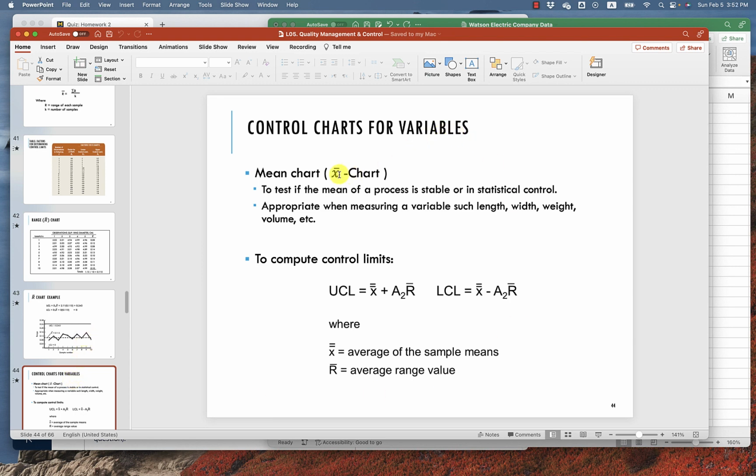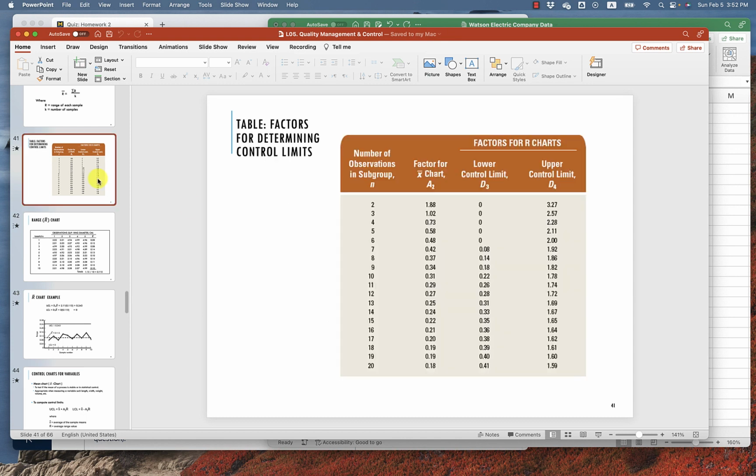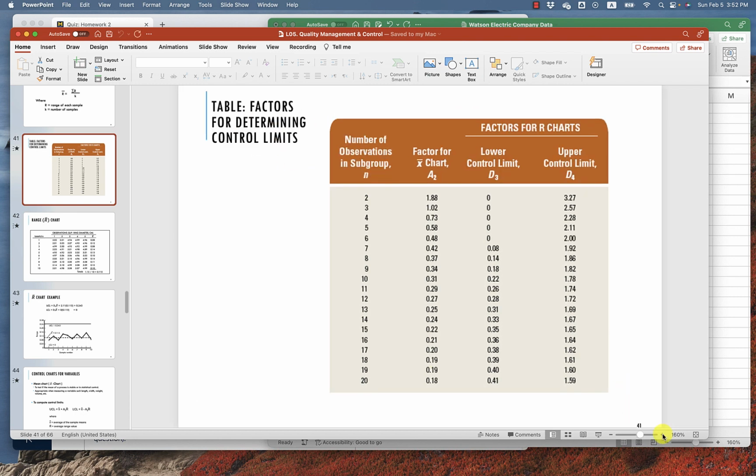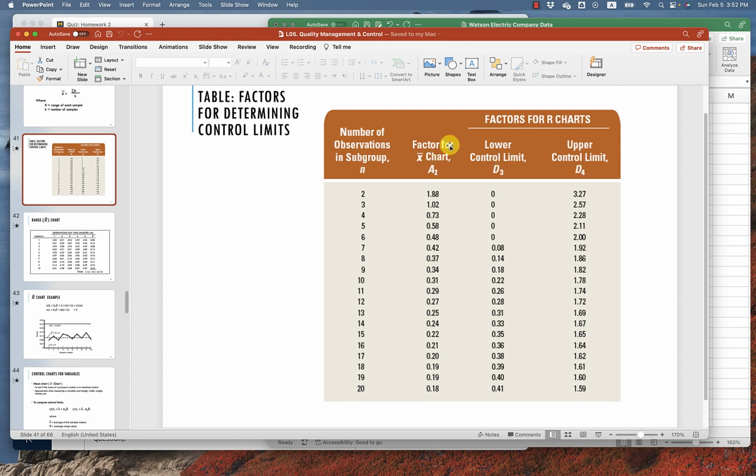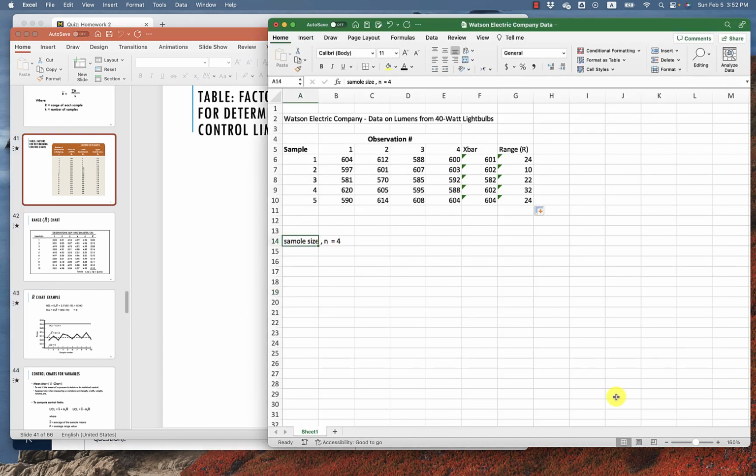And here is the formula for the X bar chart. So we need the mean of the means, the grand mean, and we need the average range, and then we need this value called A2. A2 can be found from this column, this table on slide 41. So we actually need A2, D3, D4, all of these constants. We only need to know the sample size to look up these constants. Our sample size, remember, N is 4.